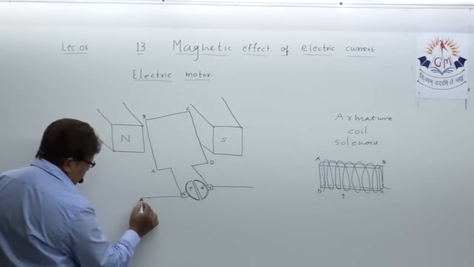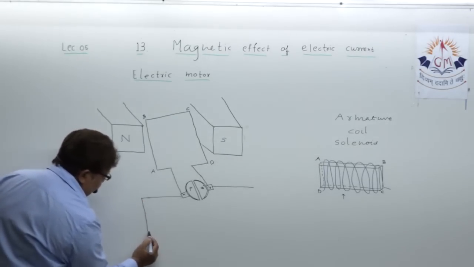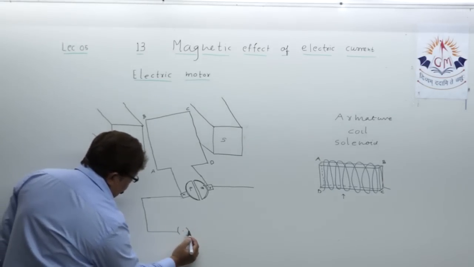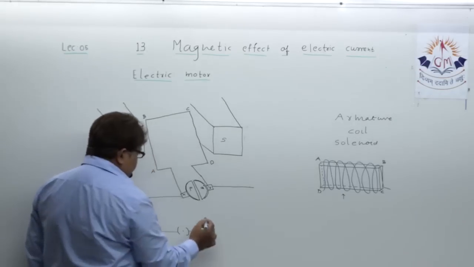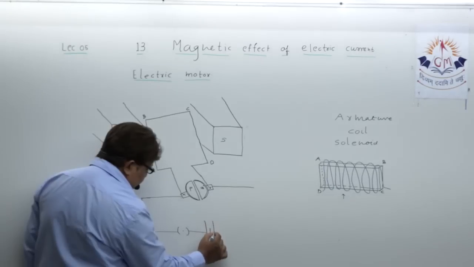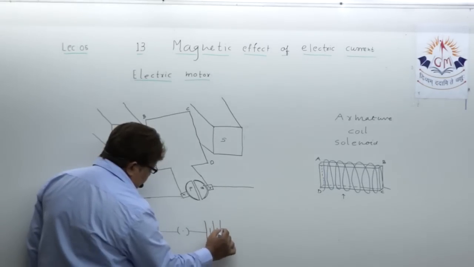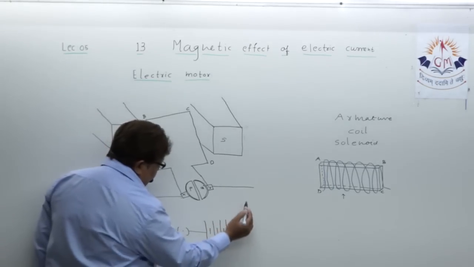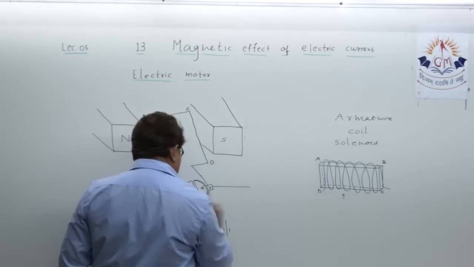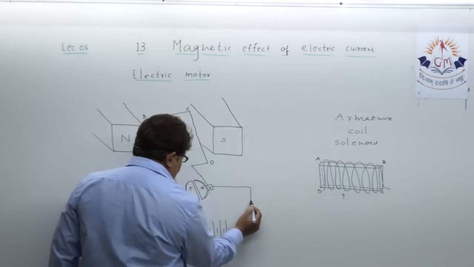Suppose this way. Suppose this is a key. Suppose this is, I will not say battery, this is an external source of electric supply. Let us show it this way.